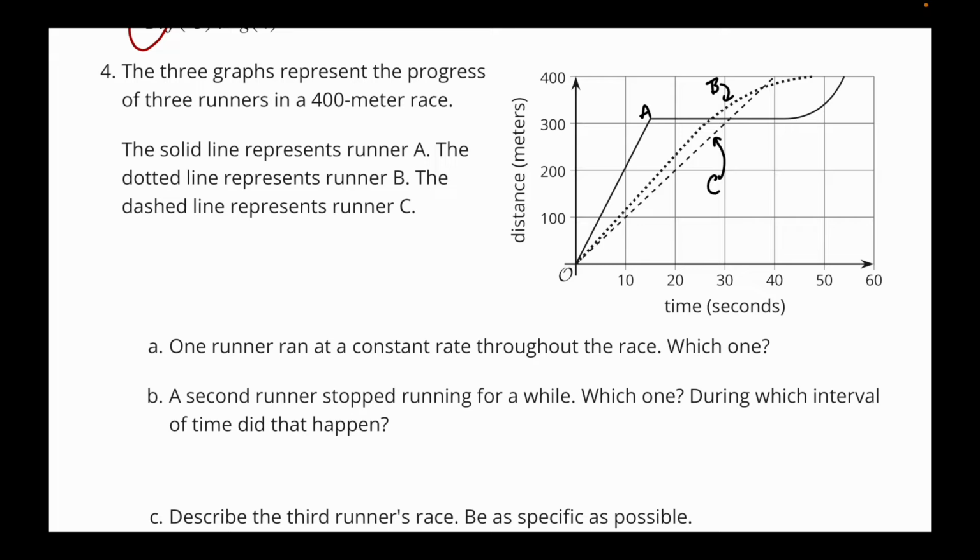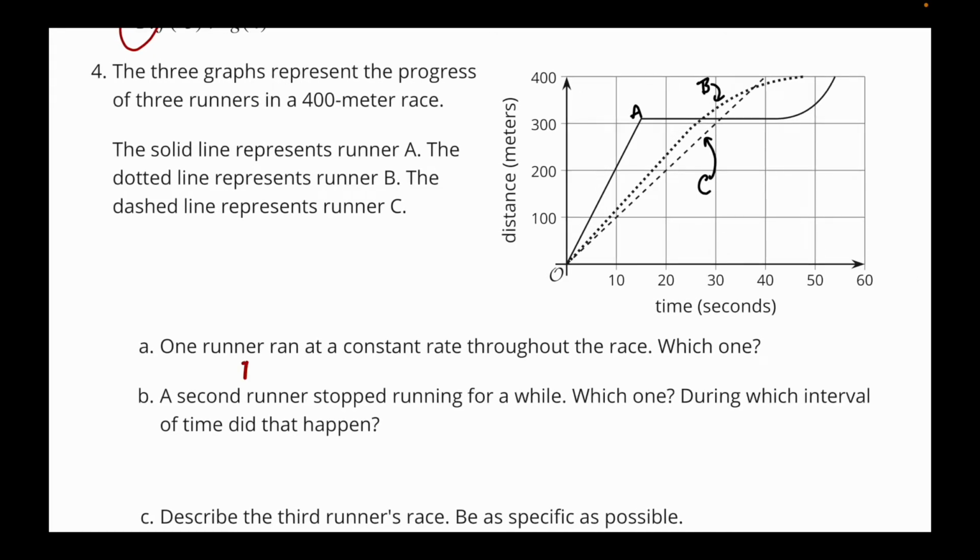Okay. One runner ran at a constant rate throughout the race. Which one? So that is actually going to be runner C. Because if you run at a constant speed, your rate of change is constant, which means you're a linear function. So runner C, this one is a linear function.